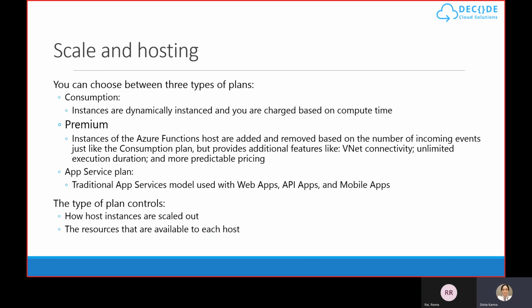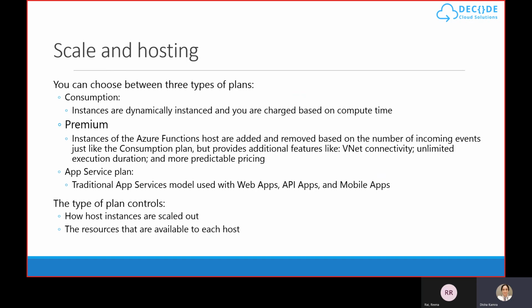The other plan which we are talking about in here is the premium one, which uses instances of the Azure Functions host that are added and removed based on the number of incoming events, just like the consumption plan. Now you will say, Disha, how does that make a difference? How is this not very similar to the consumption plan?